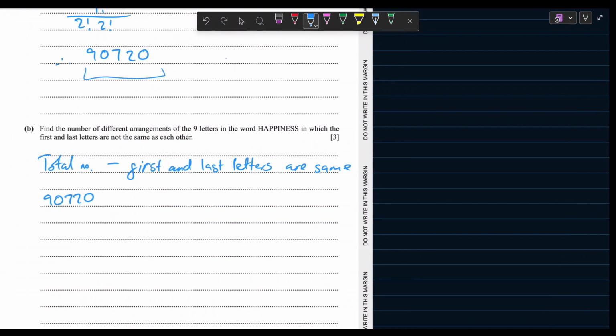So we can either have P and P on either end, then there's 1, 2, 3, 4, 5, 6, 7 in the middle. So that can be H, A, and we've got I, N, E, S, S, or what we could have is S and S on either end, then 1, 2, 3, 4, 5, 6, 7.